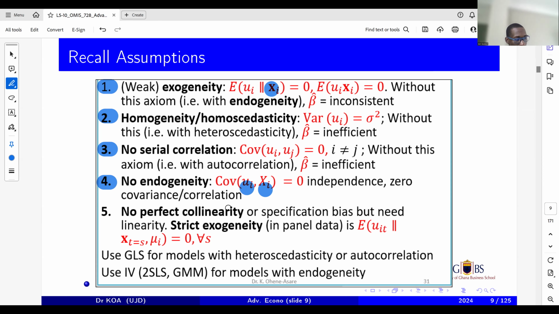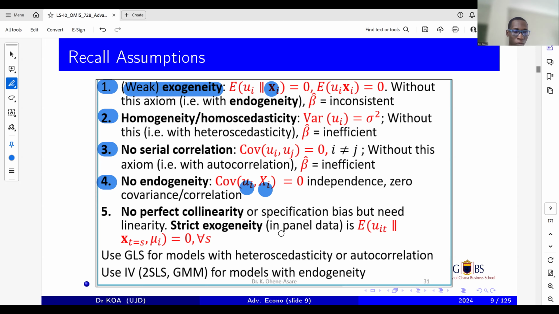And we've indicated that whilst this one exhibits weak exogeneity, you can have strict exogeneity in panel. The strict exogeneity indicates that the expected value of the error, but this time the error term across individuals and across time, not just across individuals, but across individuals and across time, given the dependent variable, and remember the dependent variable can be many as well, should be 0.